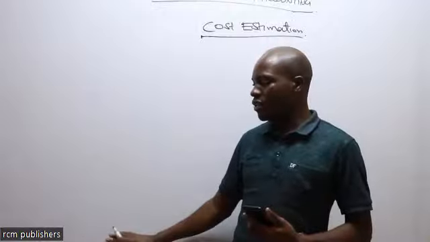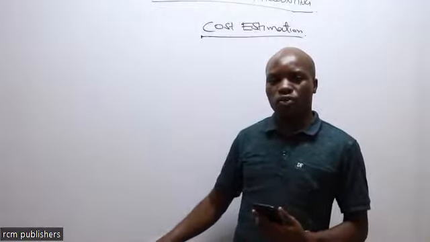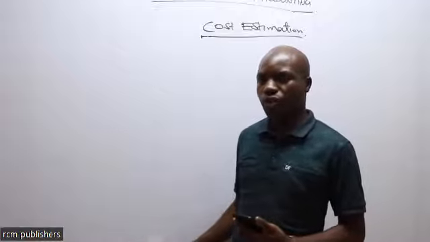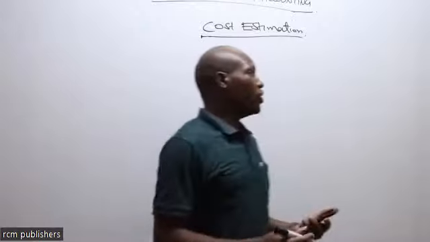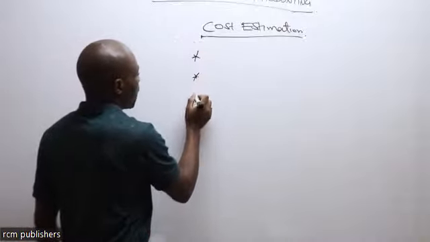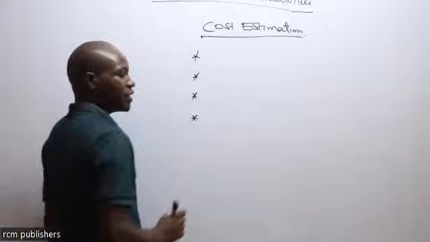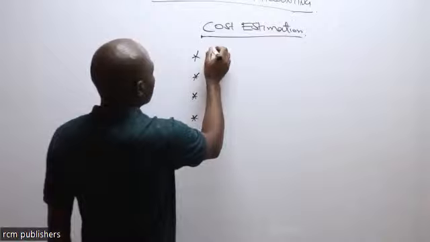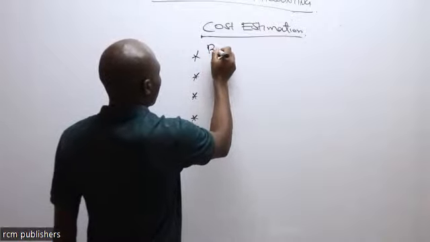And then at the end of it, I'm able to generate the total cost of those particular units. Now, when you're going to do that, we have methods that you're supposed to apply in doing cost estimation. So number 1, we have what we call the least squares or regression method.